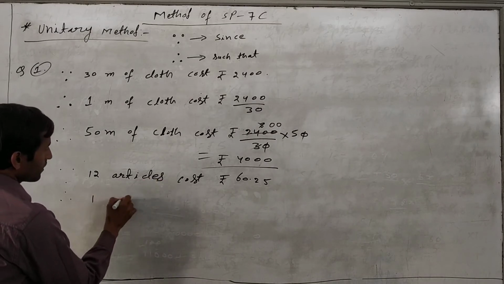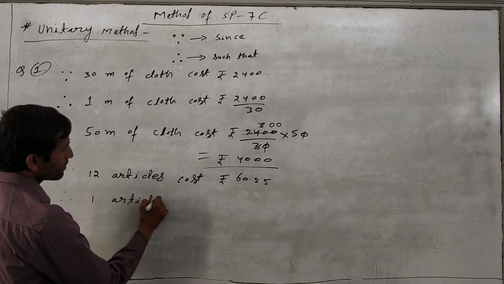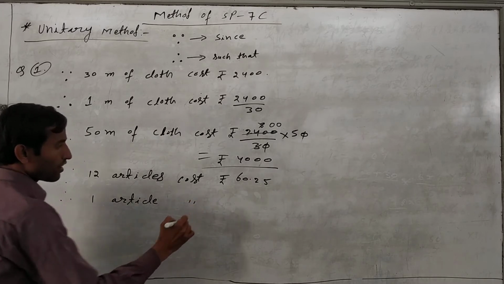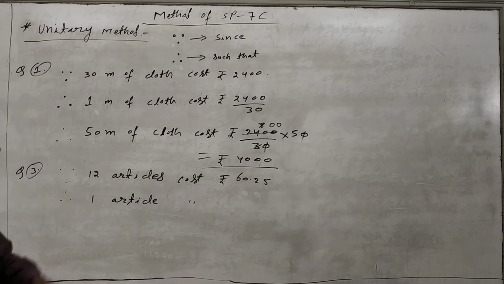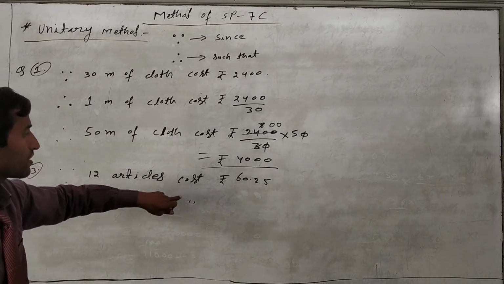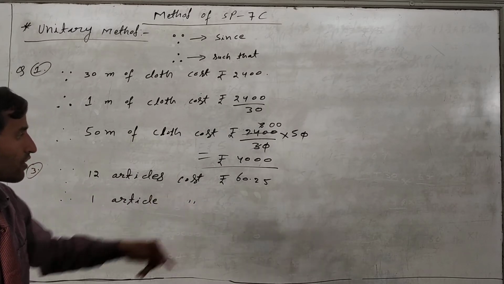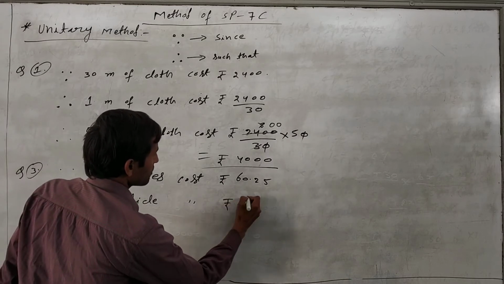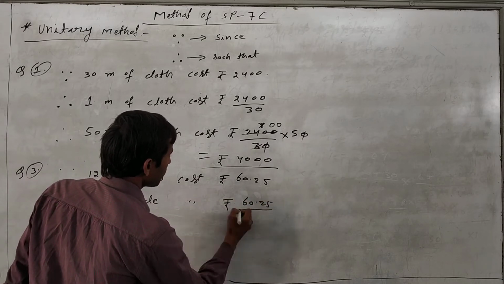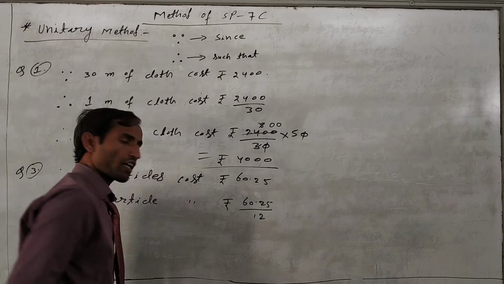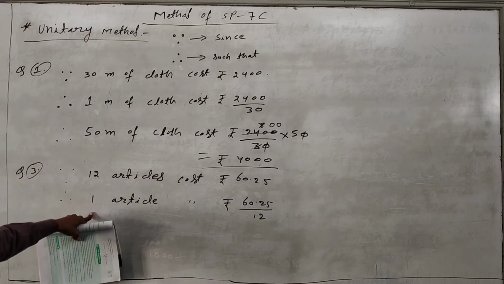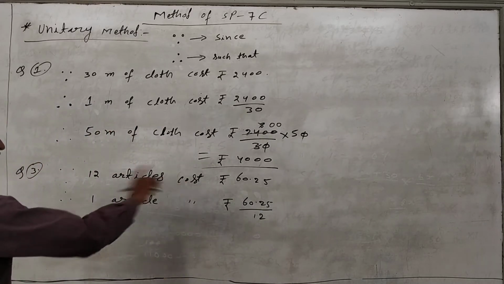Okay, so now we will go for one article. So one article cost is how much? It is less, so we will divide here. And if you don't want to write each and every step the same as it is, instead just put a dash like this. Now rupees 60.25 divided by 12, because we are finding for one article, it is less, so in this case we have to divide.